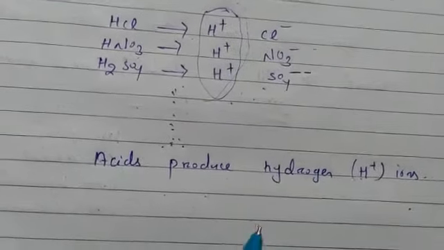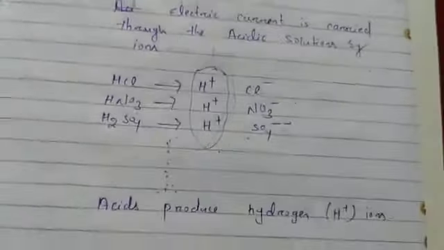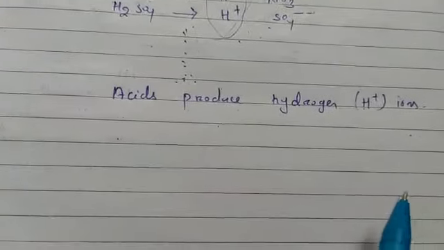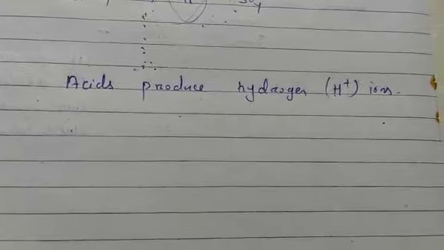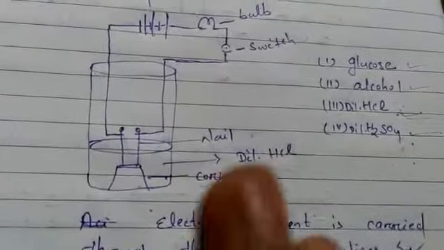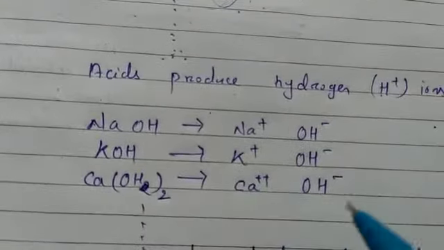Similarly for bases, if you do the same experiment with bases, you can say that bases have the OH minus ion, the anion, in common. You can do the same experiment using alkalis like sodium hydroxide, potassium hydroxide, calcium hydroxide.